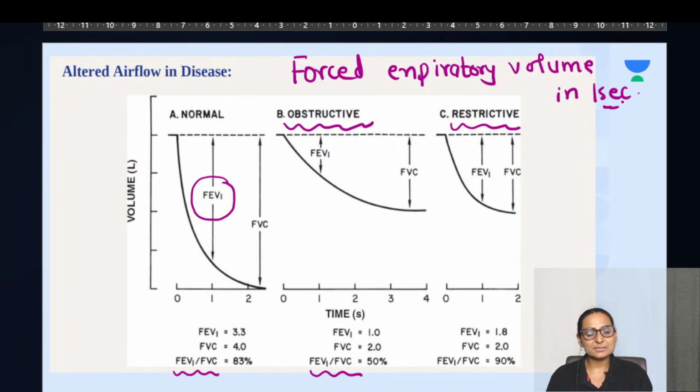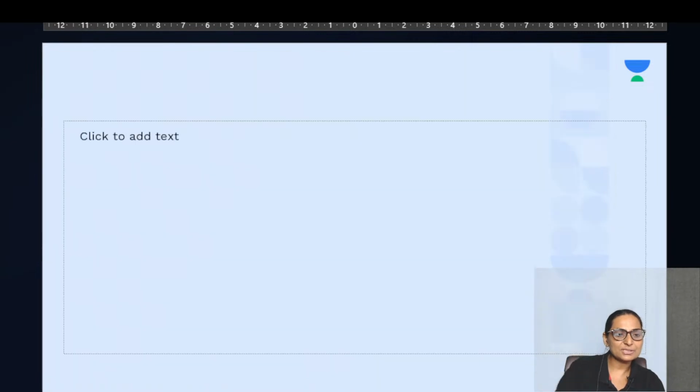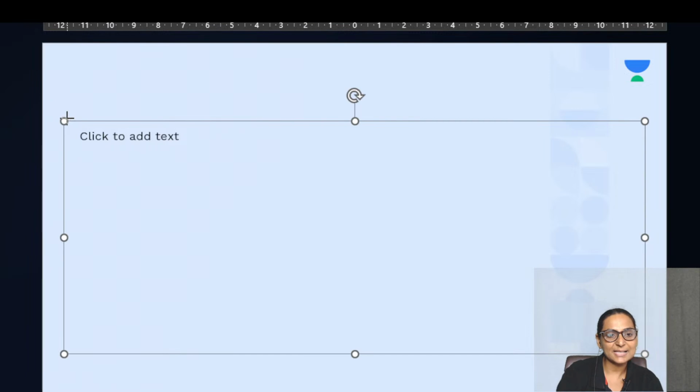That is the basis of differentiating between obstructive and restrictive lung disease, which we also call the FEV1 to FVC ratio, or the Tiffeneau-Pinelli index. Before you look into this, you must know what the problem is with obstructive lung disease and restrictive lung disease.